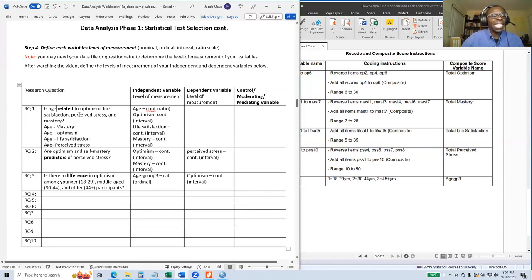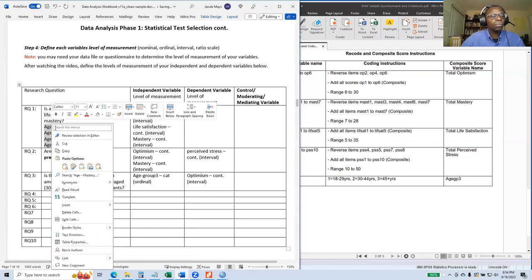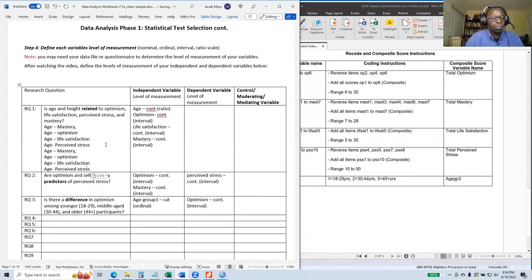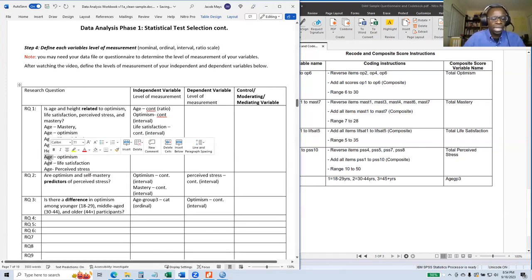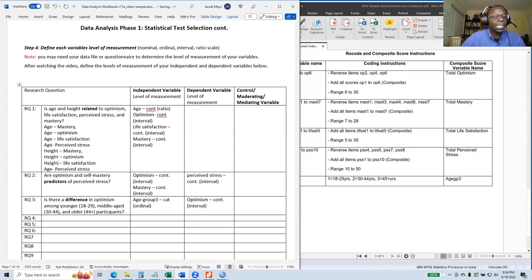So let's say we had age and height, right? It would be age and mastery, age and optimism, age and life satisfaction. And then it would also be height and mastery, height and optimism, height and life satisfaction, height and perceived stress.